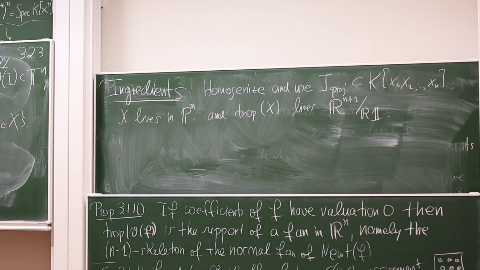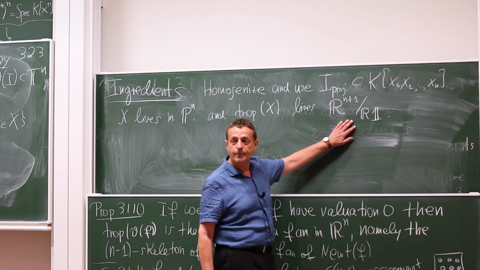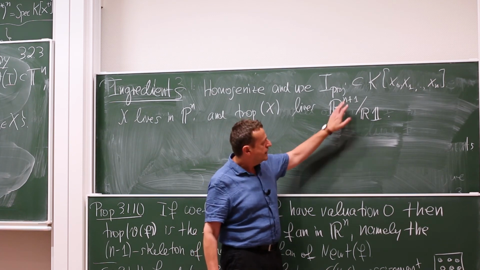Because if I have homogeneous polynomials, then the all-1 vector never breaks ties. It lies in the linearity space of everything in sight. So therefore, we can regard our variety in this n-space. I said this used to be called projective space. It's no longer. Sometimes people now call this the tropical projective torus.